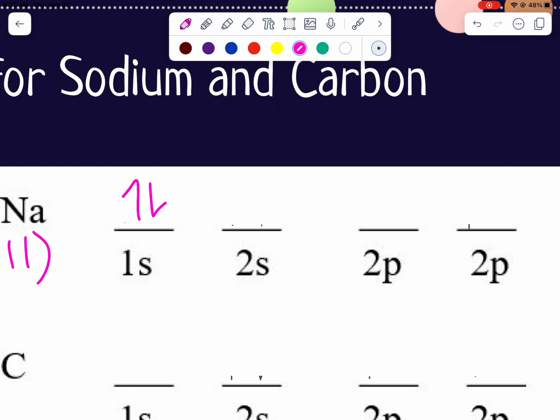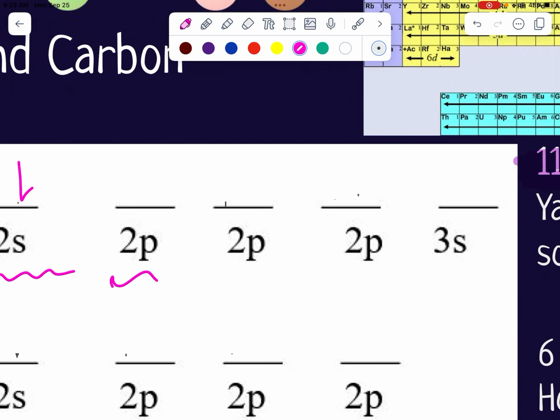My next level is 2s, and I can put 2 electrons in it. Moving on, my next sublevel is 2p. Now, according to Hund's rule, remember that we do the up arrows first in a level that has more than 1 orbital. So watch and copy down what I do here.